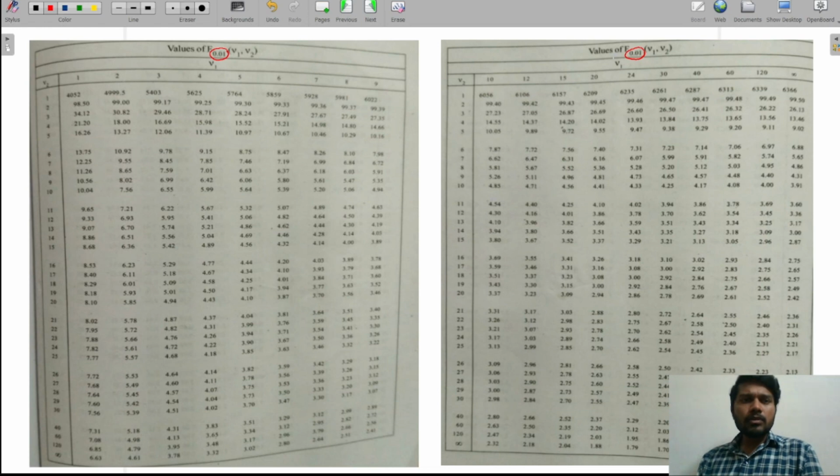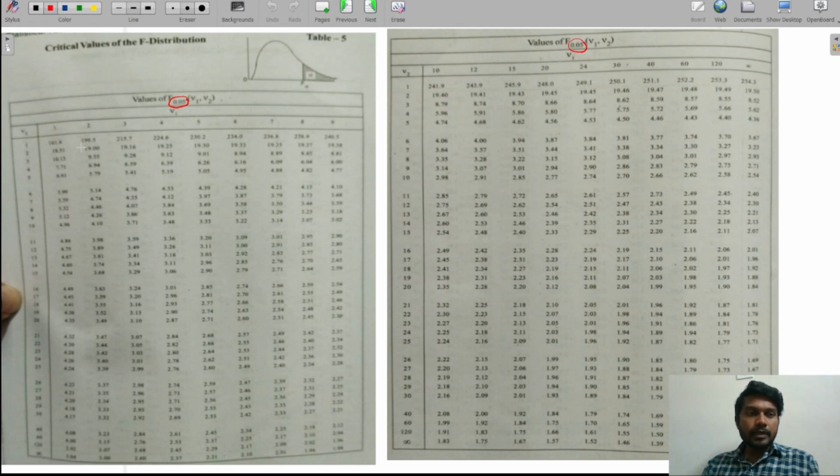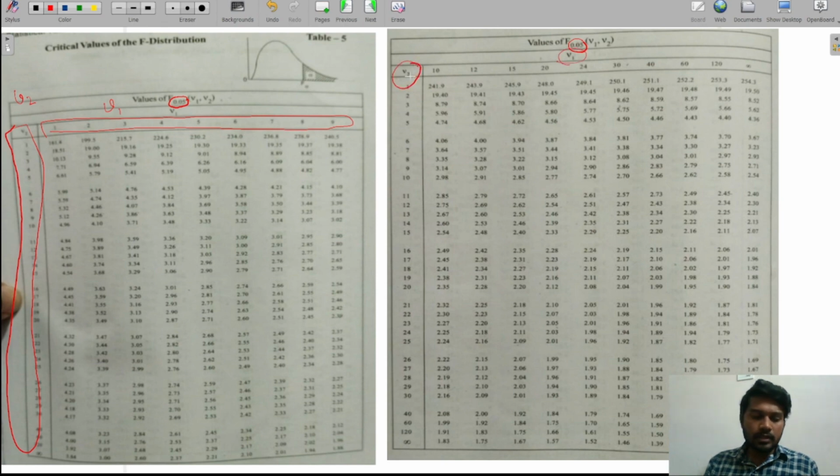So there are four tables we have, and the first two tables are in terms of alpha 0.05 and the second two tables are in terms of 0.01, right? So coming to the first table of 0.05, these are the column values in terms of nu1, and these are the row values in terms of nu2. And here also nu1 values are columns, nu2 values are rows.